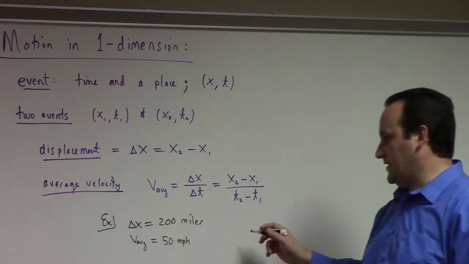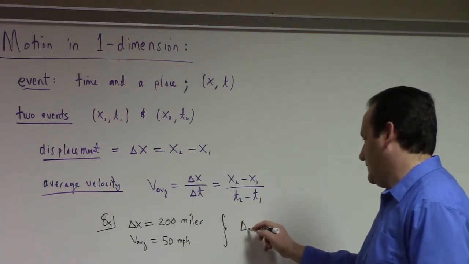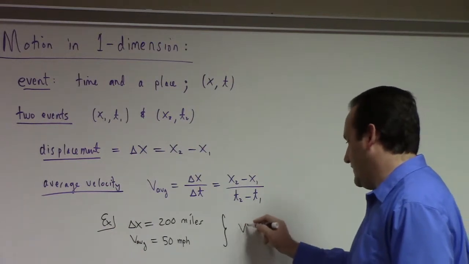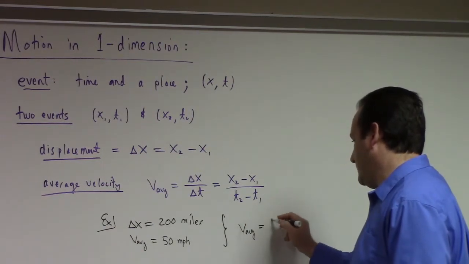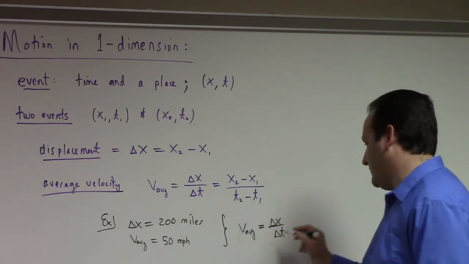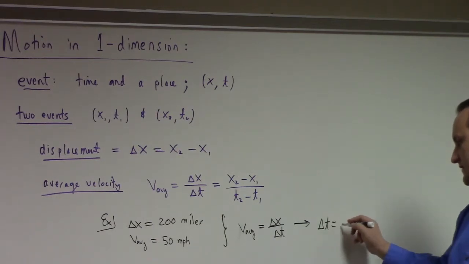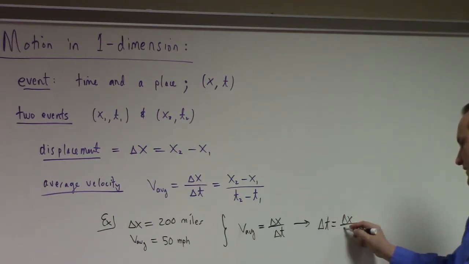And so to figure out the time, I could say, aha, well, delta t, let me see here, a little bit of algebra, right? The average is equal to delta x over delta t. So how do I find the time? Do algebra, right? Solve for delta t. Delta t is equal to delta x over v average.